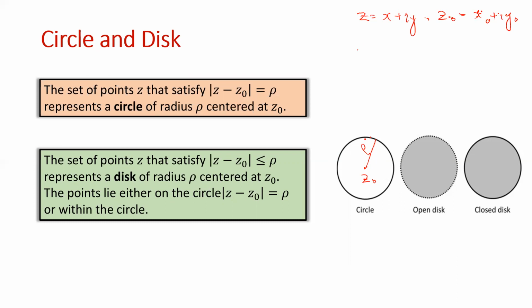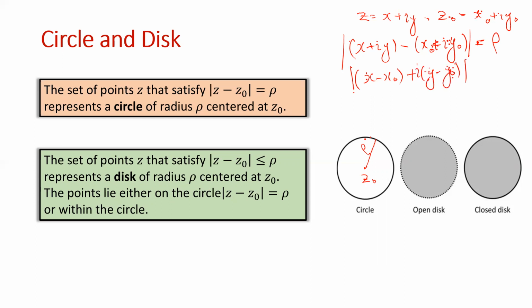So this equation becomes |(X + iY) - (X0 + iY0)| = rho. So it becomes |(X - X0) + i(Y - Y0)|, where I am subtracting the real parts of both numbers and the imaginary parts of both numbers, equal to rho.